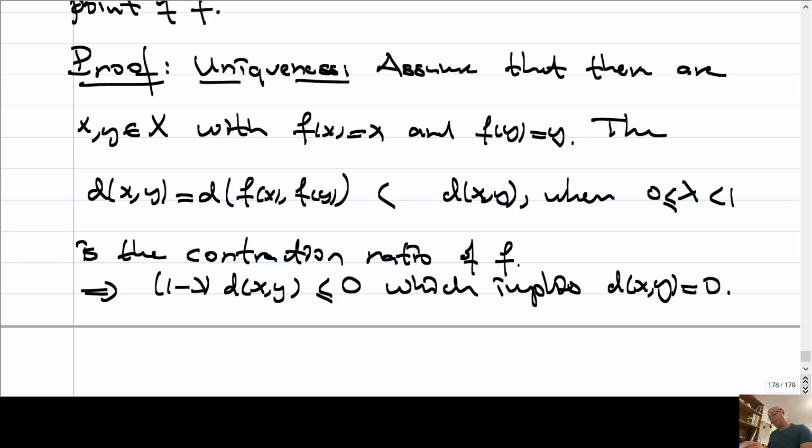You will see in the proof. We need something stronger. We need this definition to prove that. There might be some functions which obey what you said, and they may have fixed points, but for this theorem, we need this assumption.